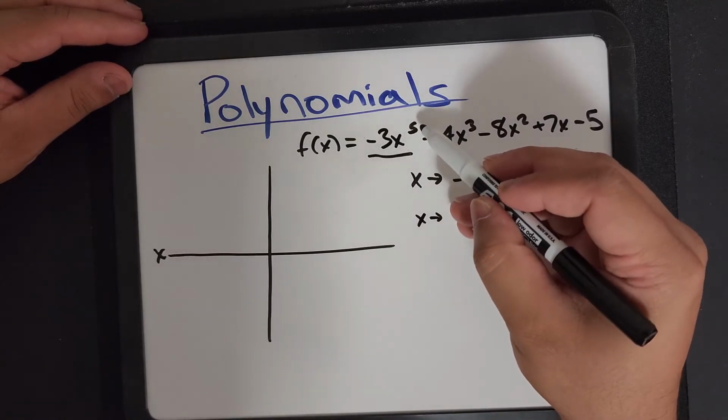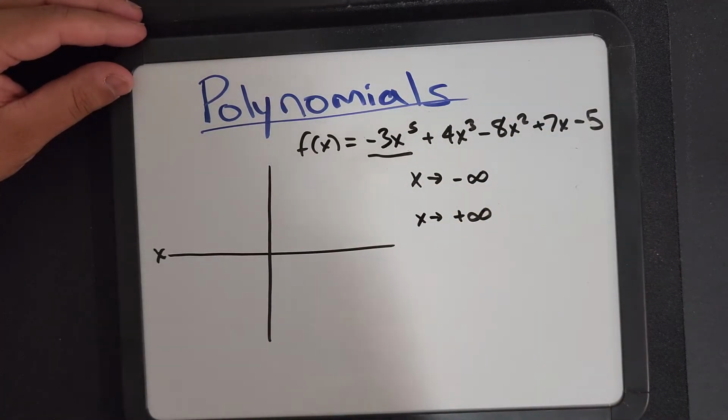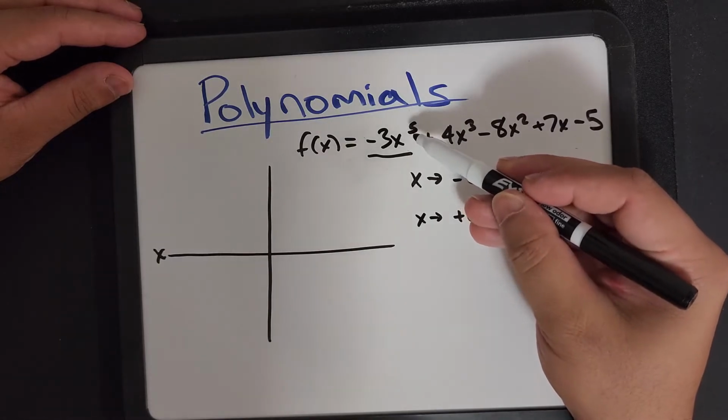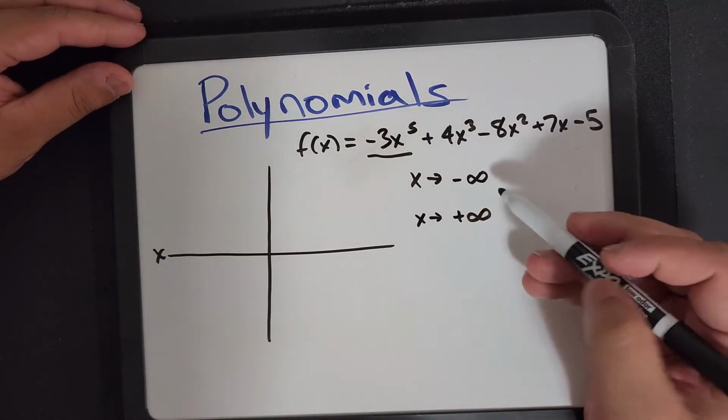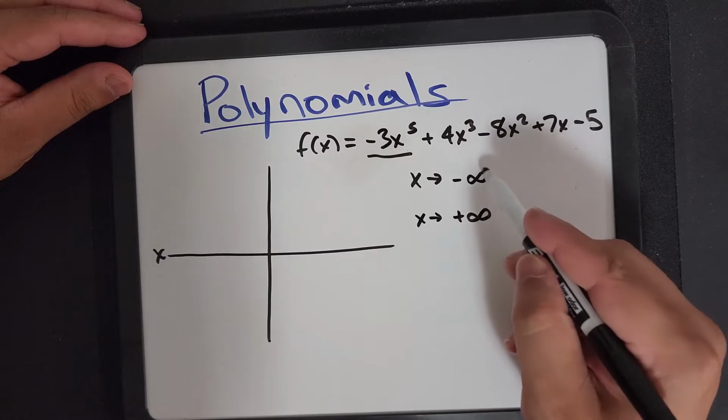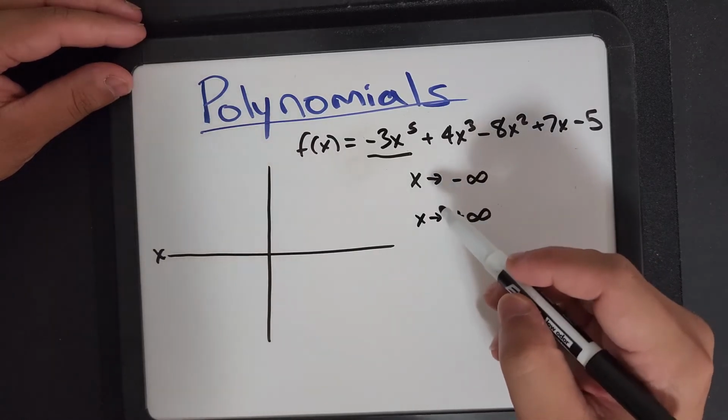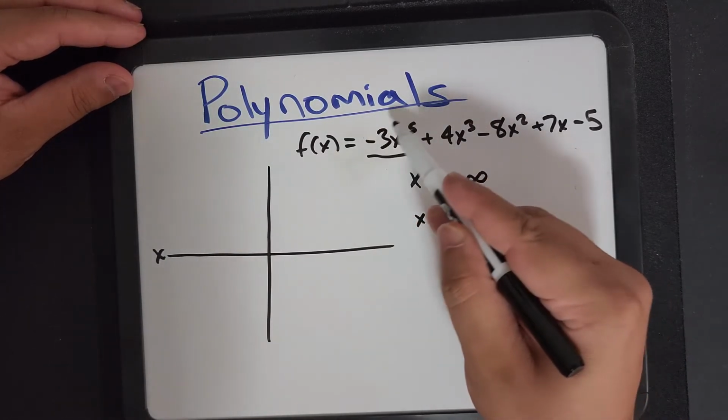Since this first term is to the power of 5, it's going to have the most significant impact on the behavior of this polynomial. So if I put a gigantic negative number, it's going to be a positive number here.